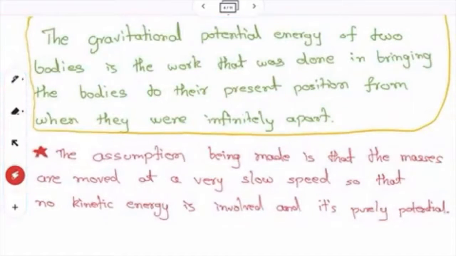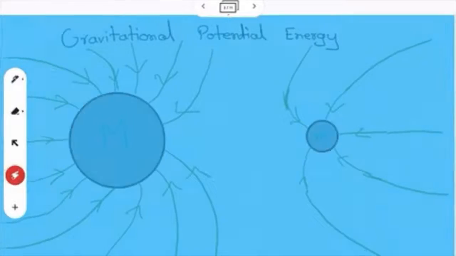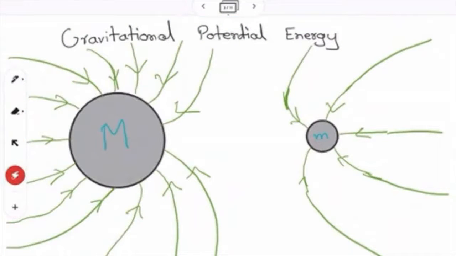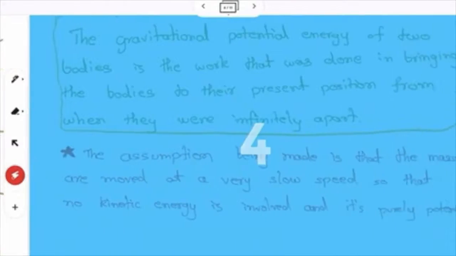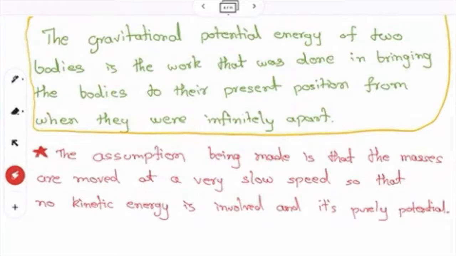It's the amount of energy required to do that. Now, there's a very important assumption here, which is that when we're bringing these masses together, it's done at a very, very slow speed, so that kinetic energy is negligible, and it's purely potential.